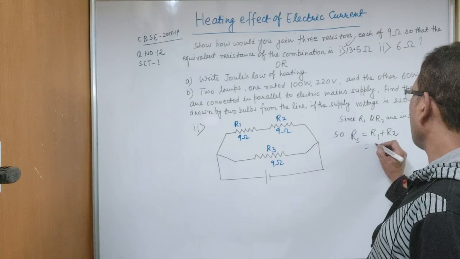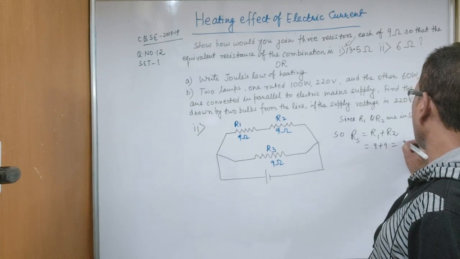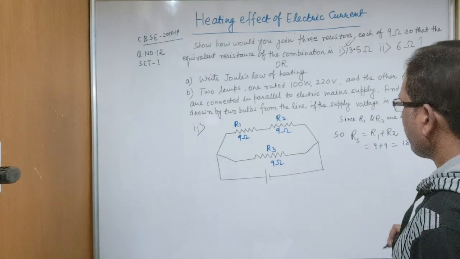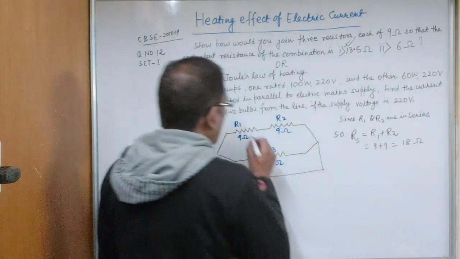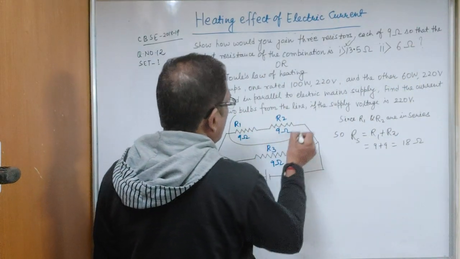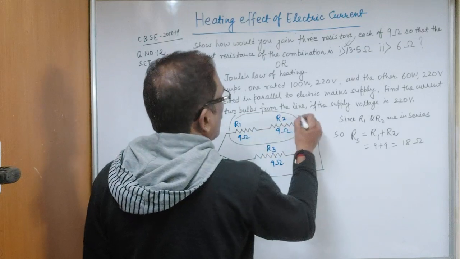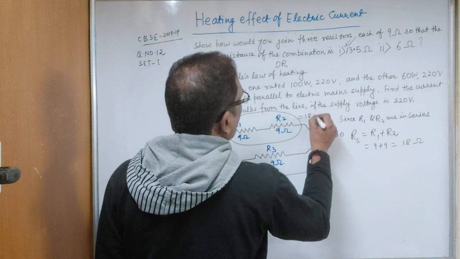So it will be 9 plus 9, 18 ohm. So here the equivalent resistance of these two is equal to 18 ohm.